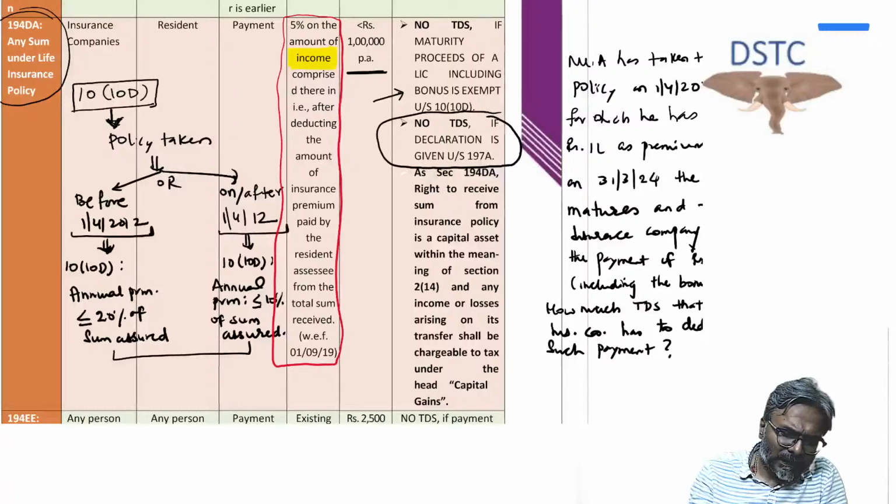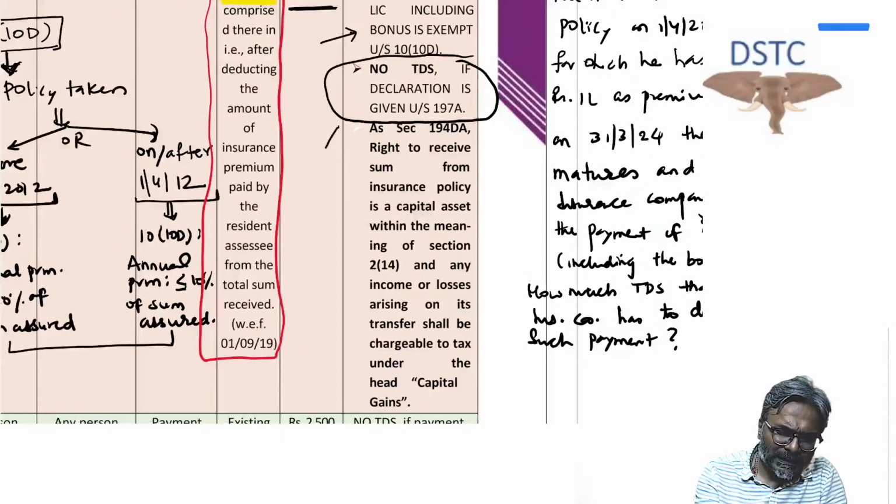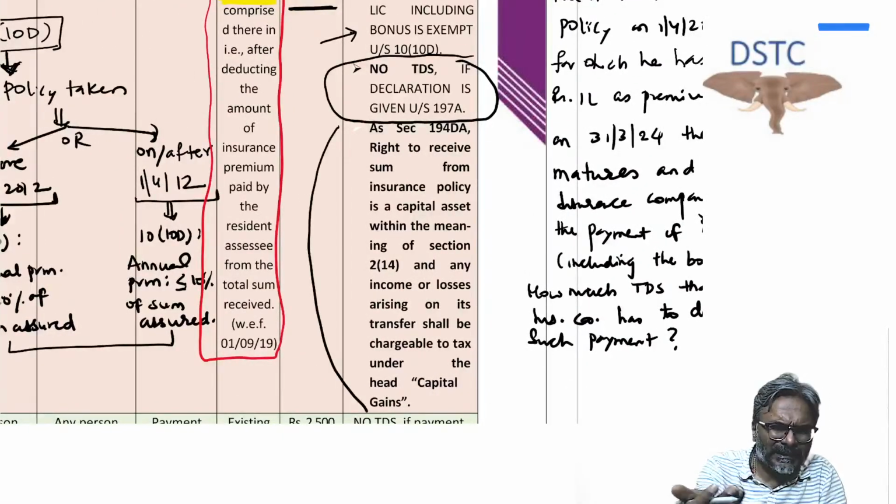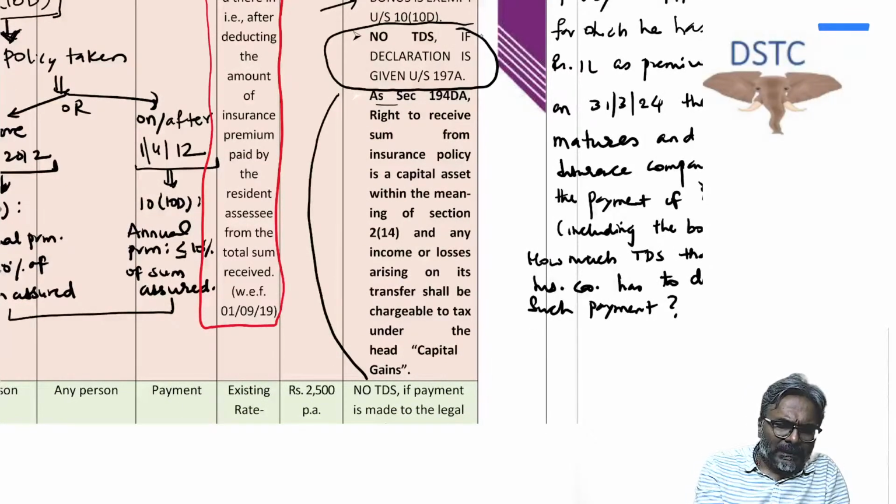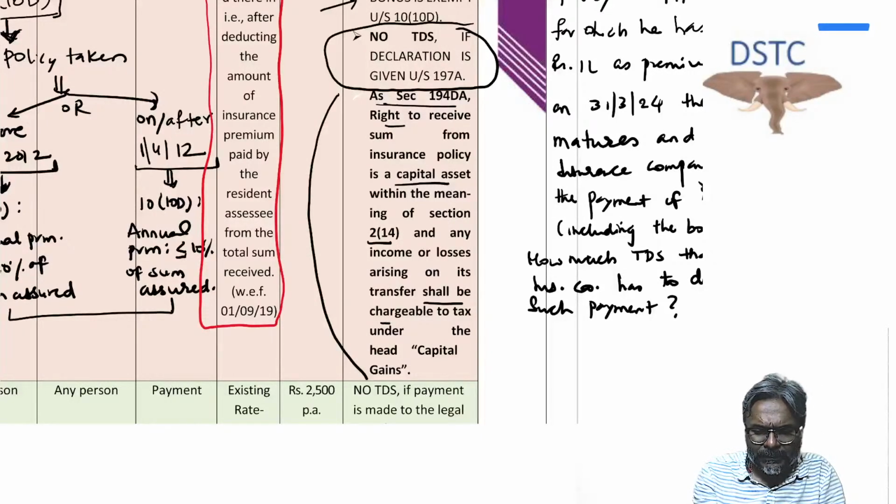Now this particular part, students, is a capital gains part. It's nothing but the normal definition. Let's read this one out once. As per section 194DA, the right to receive a sum from an insurance policy is a capital asset within the meaning of section 2 clause 14, and any income or losses arising on its transfer shall be chargeable to tax under the head capital gains.